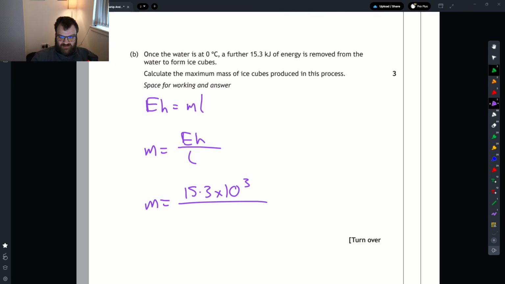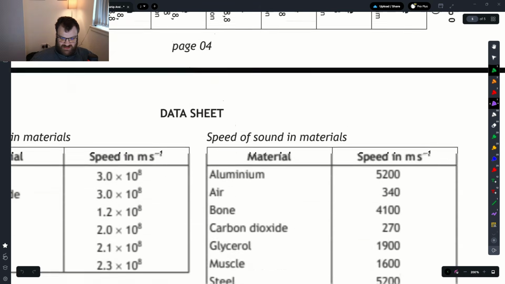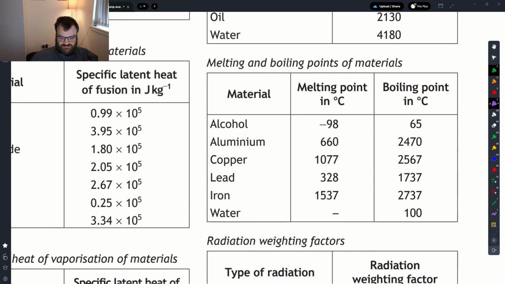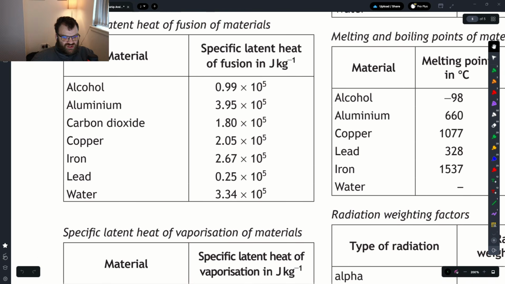Now we are going from a liquid to a solid. And the reason that's important is there are two values that we could be given: heat of fusion or heat of vaporization, vaporization being gases, vapor.